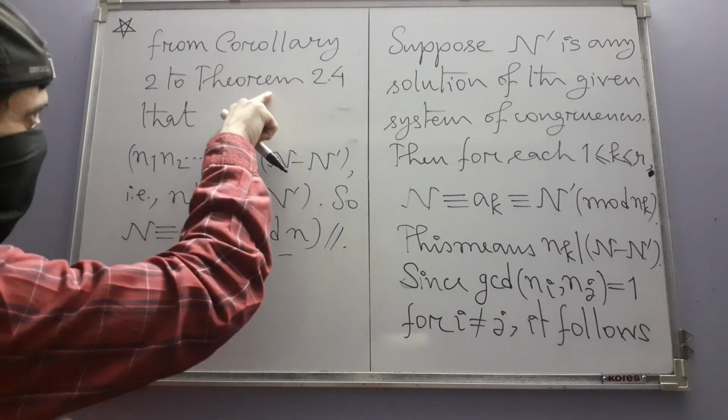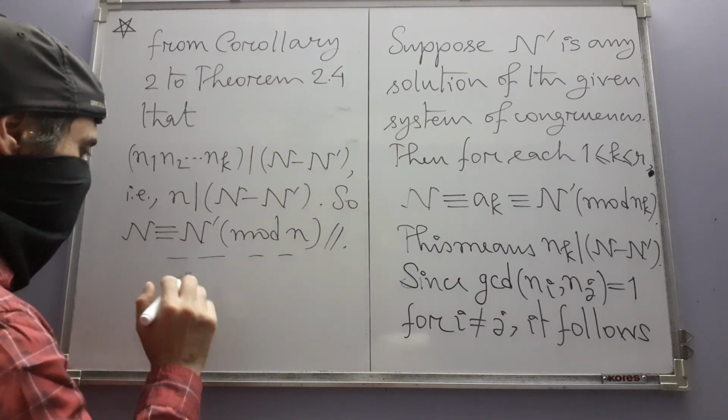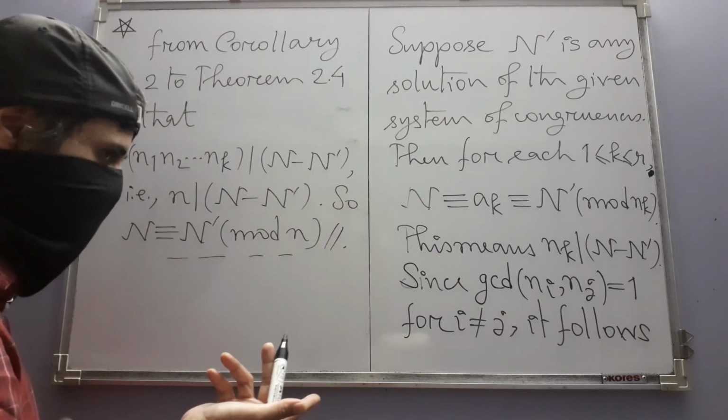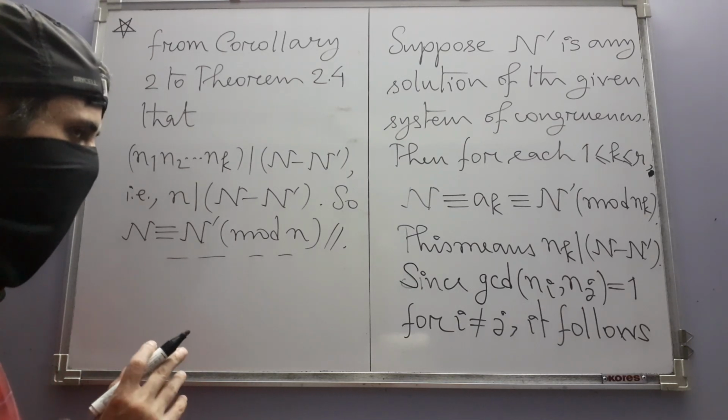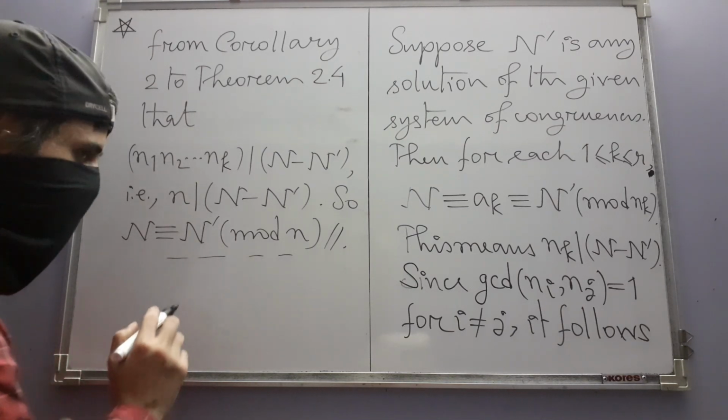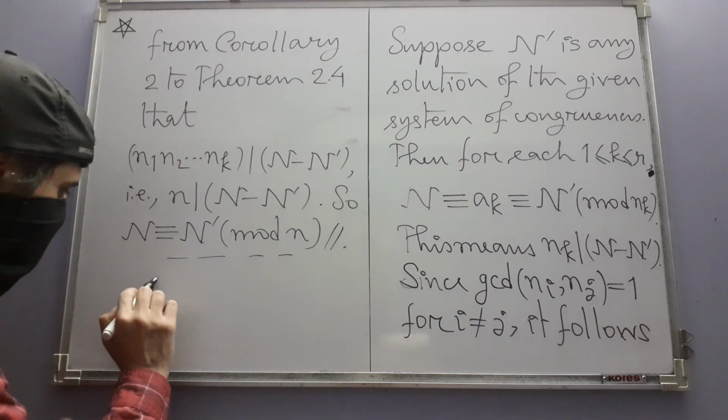What I was trying to say is that in general, with this corollary 2 to theorem 2.4, say you have 2 or maybe 3 positive integers, for the sake of simplicity.